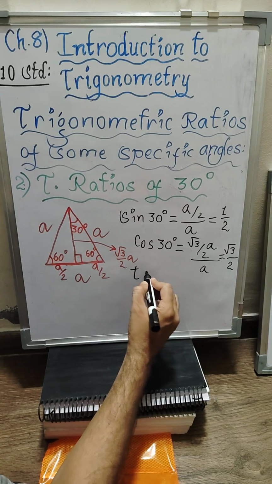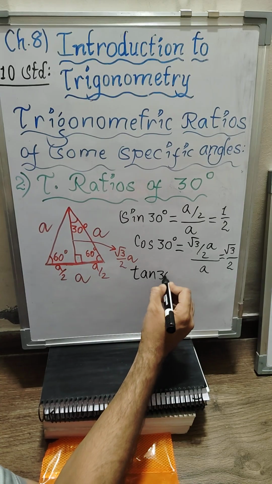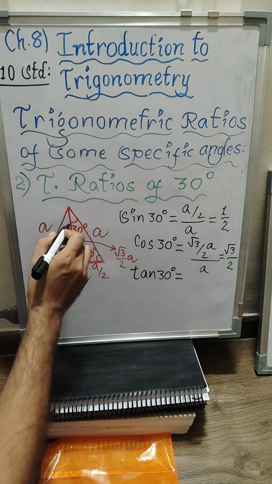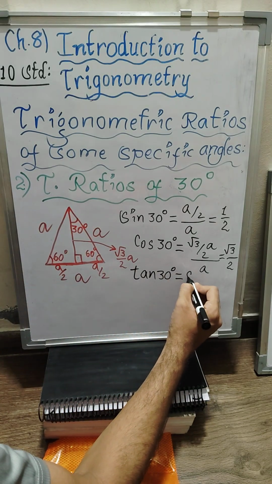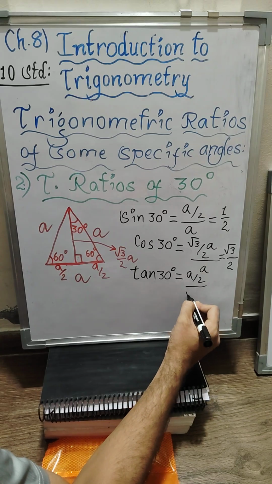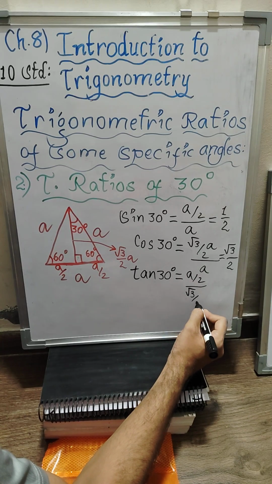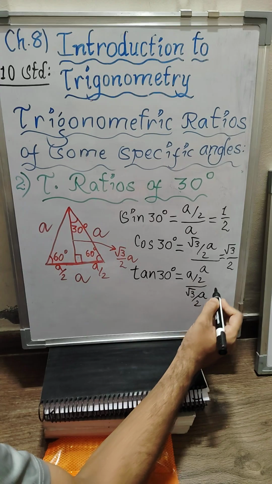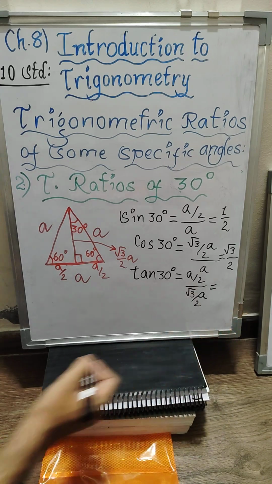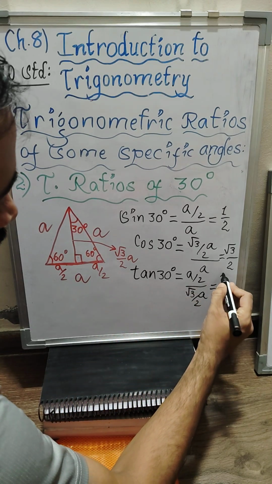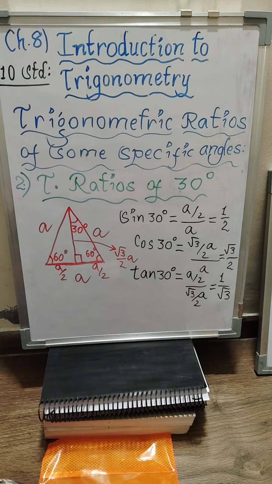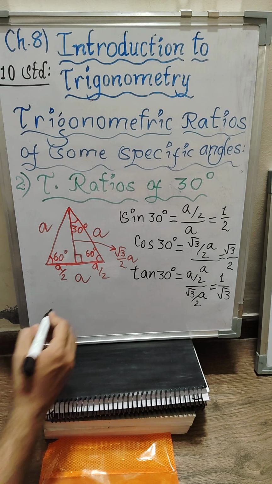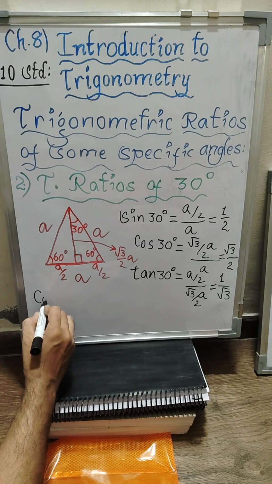Tan 30 degrees is equal to opposite by adjacent. So a by 2 by adjacent, root 3 by 2 a. So this value is 1 by 2 by root 3 by 2. So it becomes 1 by root 3. And the reciprocals are again cosecant, secant and cot.